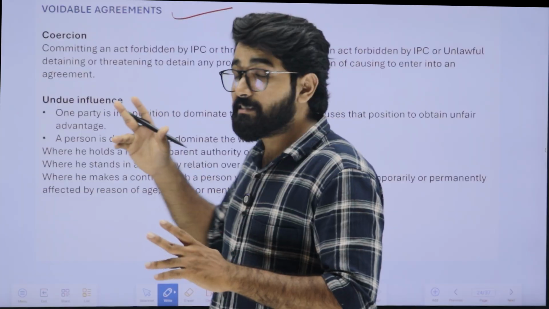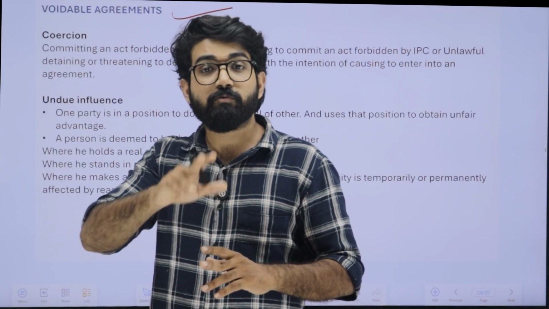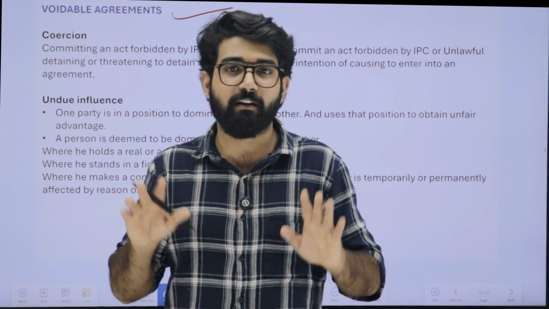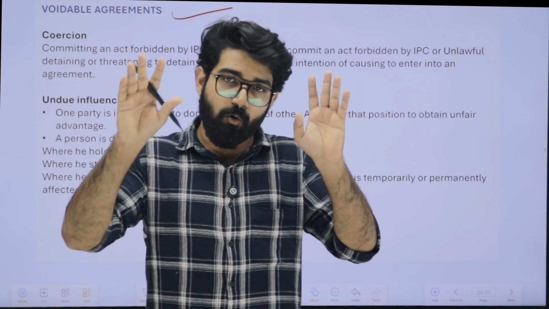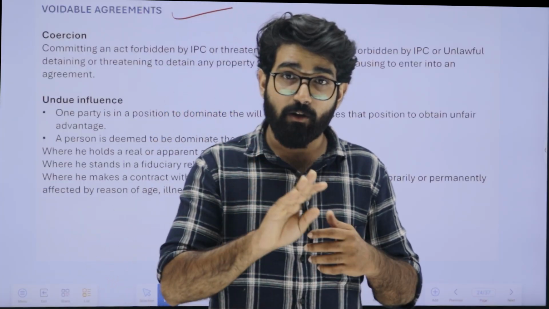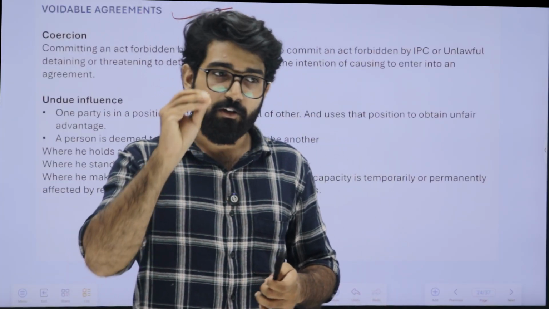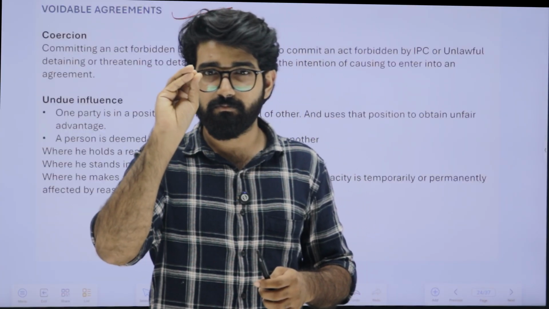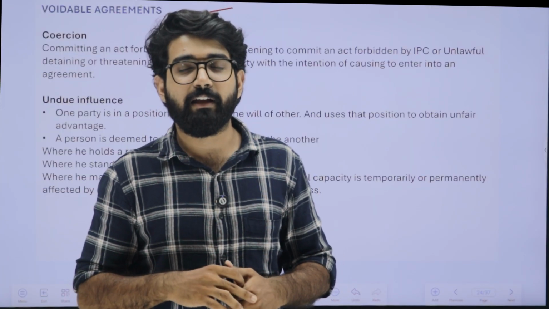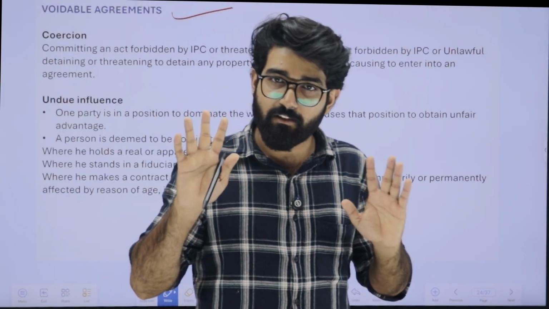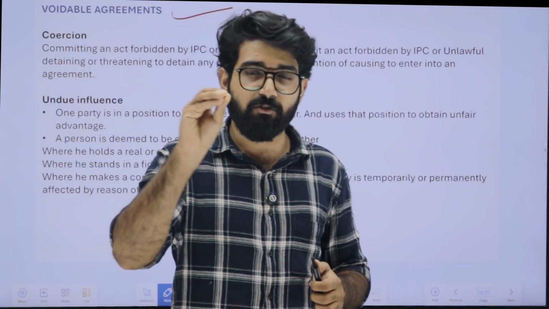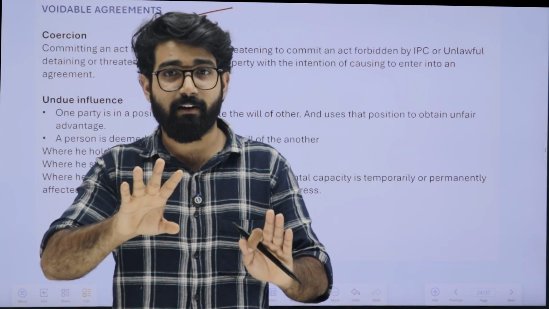So consent must be free. What are the situations in which consents are not given freely? Those are the things that you need to understand. Under all those circumstances, the contract will become voidable. So you need to study only 4 headings. Everyone tells you there are 5 situations in which the consent given is not free, but you only need to understand 4 circumstances, because the 5th one I'll get to later.